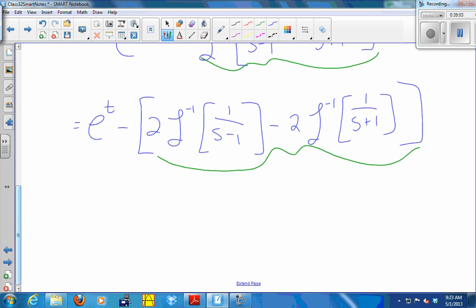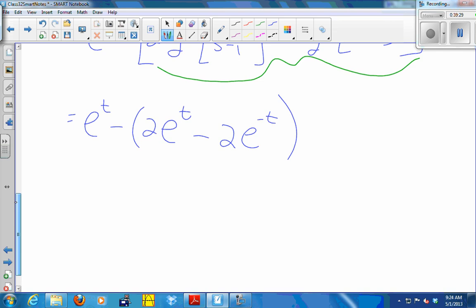Now, can you think of a function whose Laplace transform is 1 over s minus 1? e to the t again. So I have e to the t minus 2e to the t minus the inverse Laplace transform of 1 over s plus 1, which is e to the minus t. So I have minus 2e to the minus t.